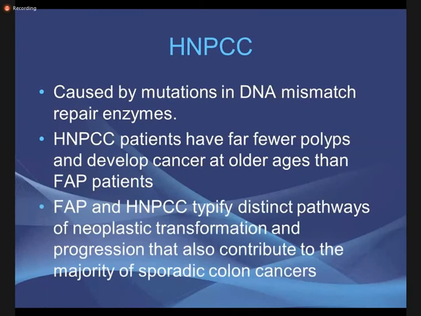Whereas HNPCC is caused by mutation in the DNA mismatch repair enzymes, and these patients have far fewer polyps than FAP and develop cancer at older ages. Both syndromes typify distinct pathways of neoplastic formation and progression towards carcinoma, and these also contribute to the majority of sporadic colon cancers. The sporadic cancers are cancers that are not hereditary.